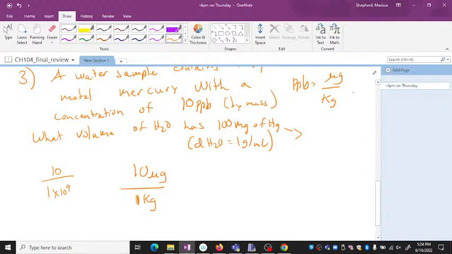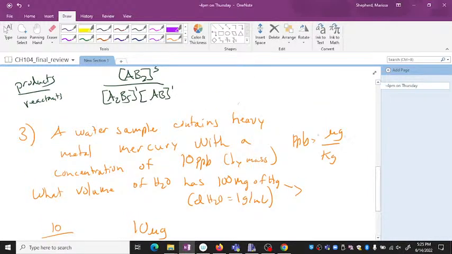So what's micro's factor? Yeah, so 10 to the negative 6.